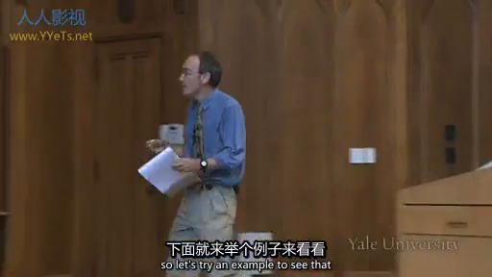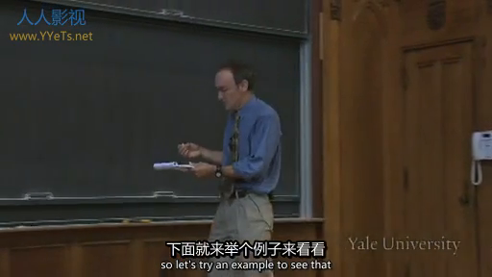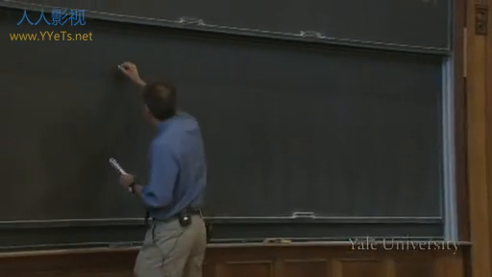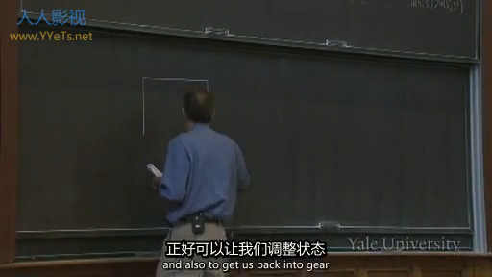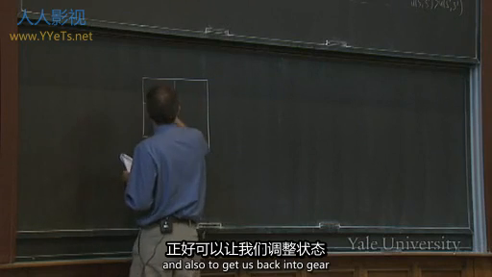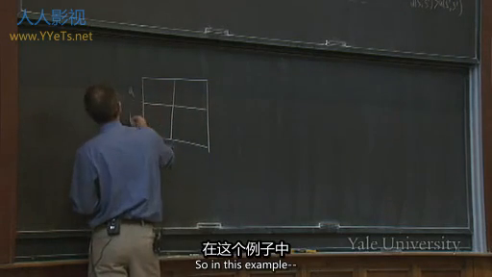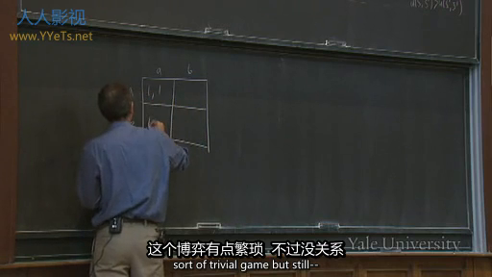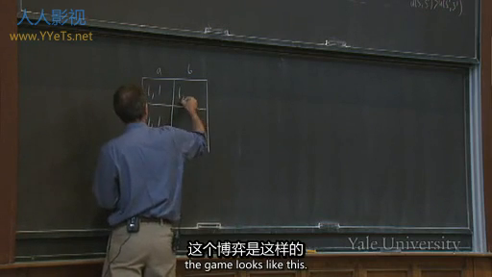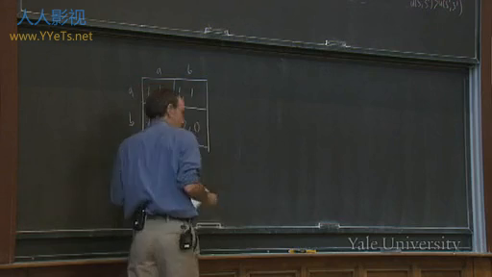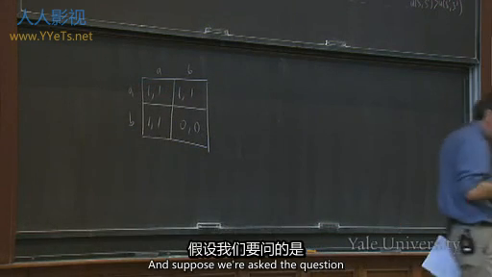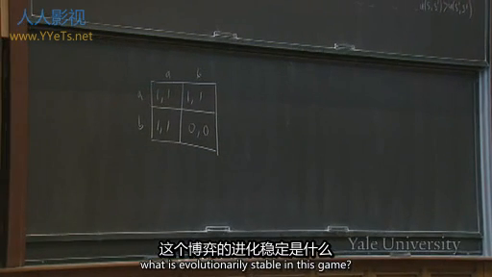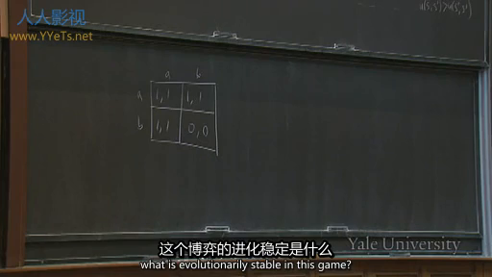All right, so let's try an example to see that, and also to get us back into gear and remind ourselves what we're doing a bit. In this example, it's a sort of trivial game, but still, the game looks like this. And we're asked the question: what is evolutionarily stable in this game?